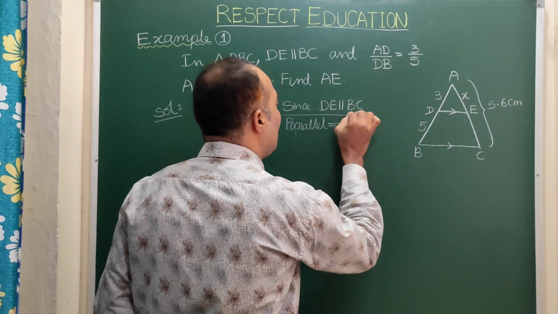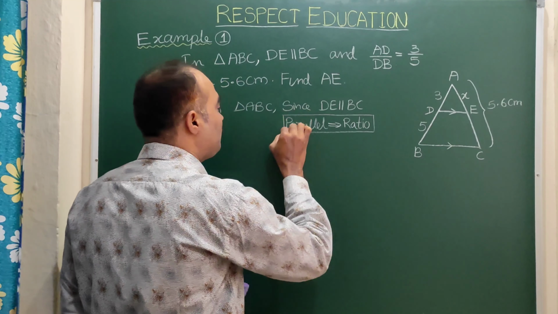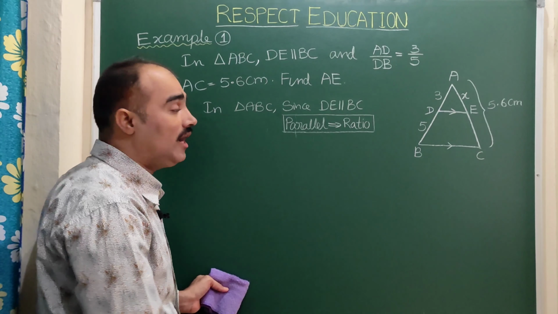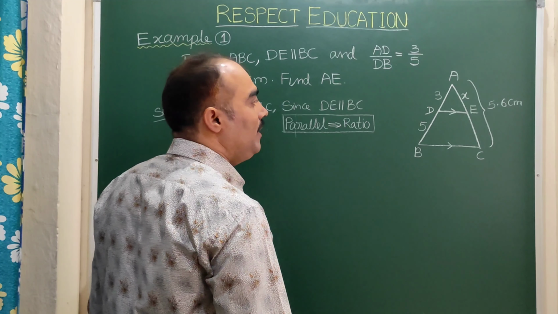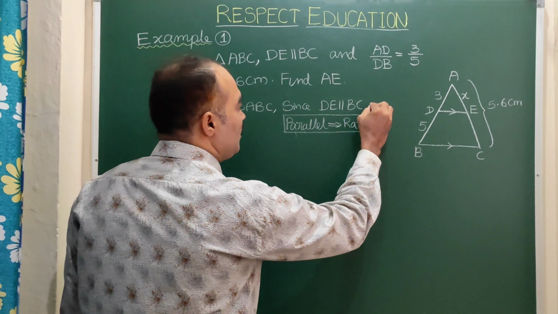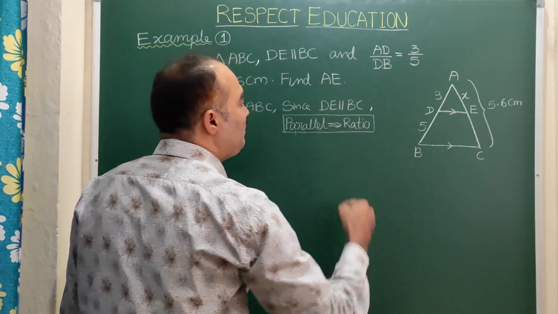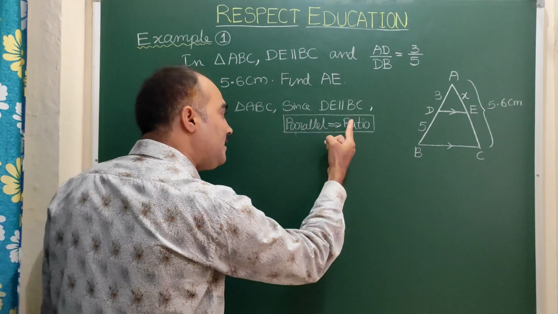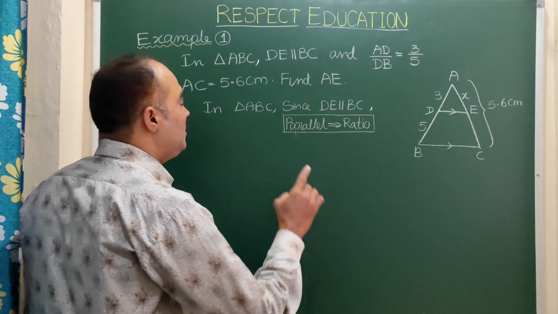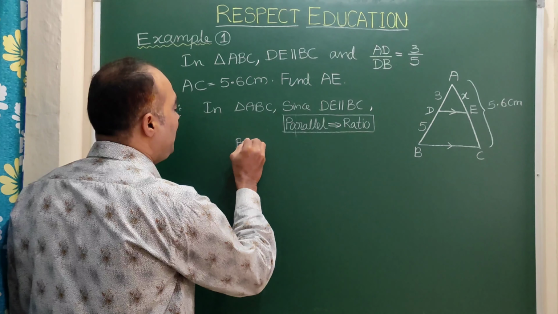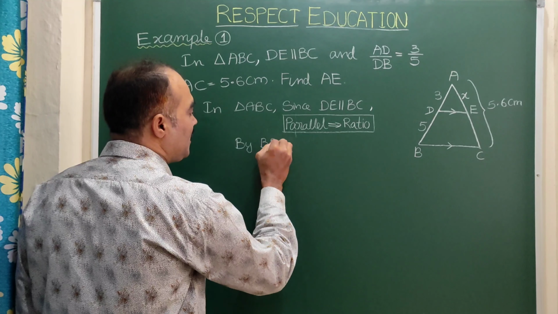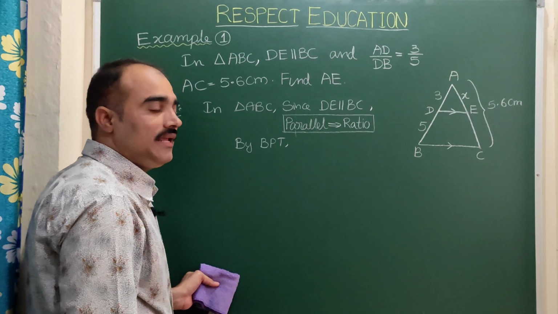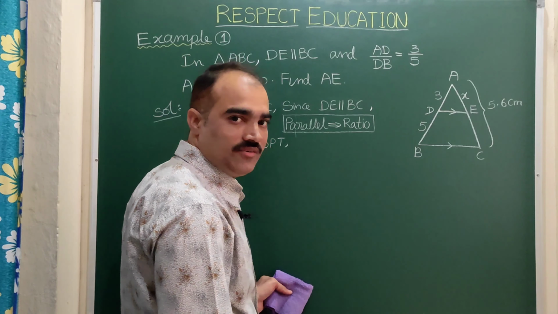So remember, parallel implies ratio. This is based on BPT theorem, basic proportionality theorem. So here we can write, since DE parallel to BC, we need to enter into the ratios. By BPT, basic proportionality theorem, the corresponding ratios are equal.